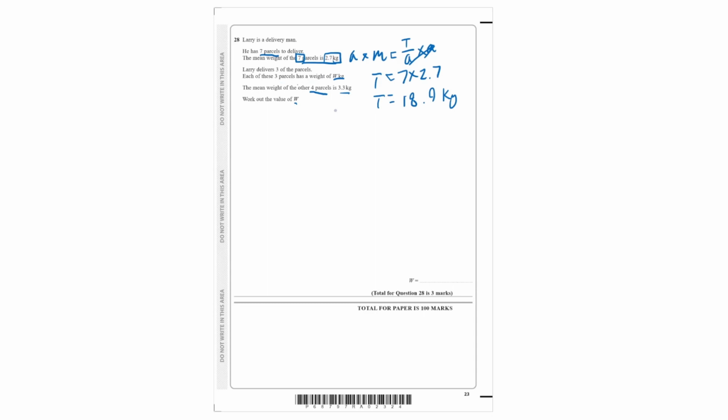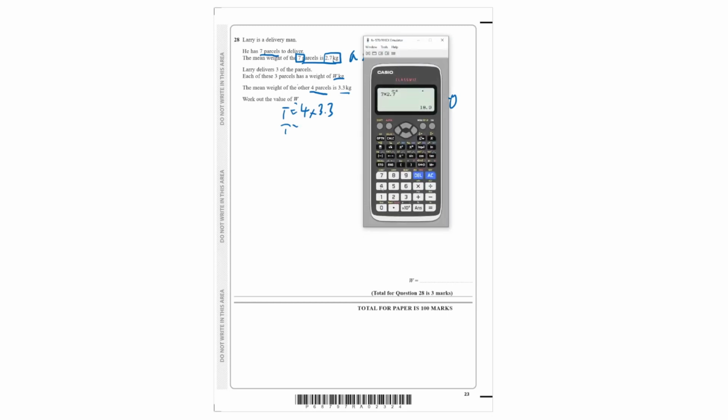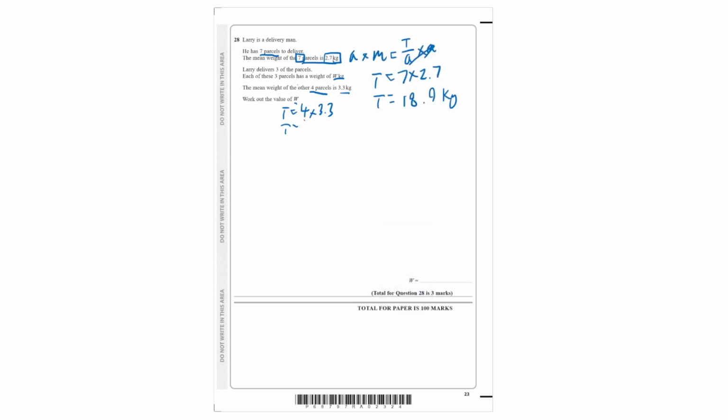The total of the 4 parcels is 4 times 3.3, which gives us 13.2. And here we have 3 times W. That simply gives us 3W.